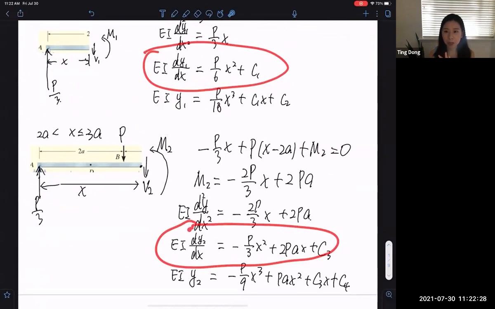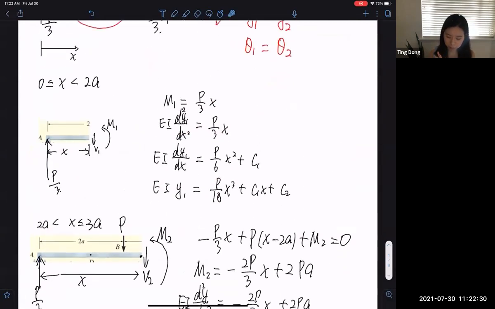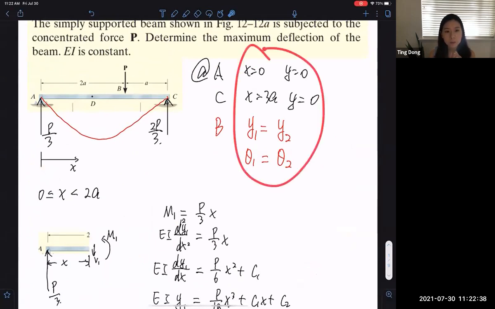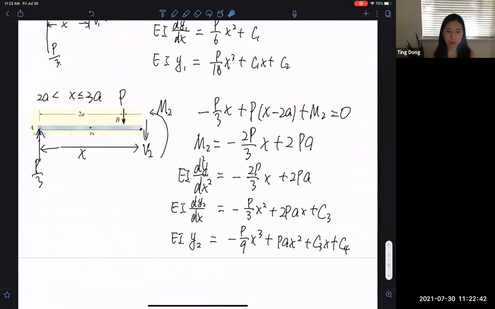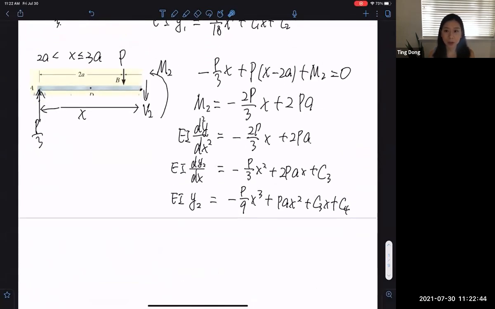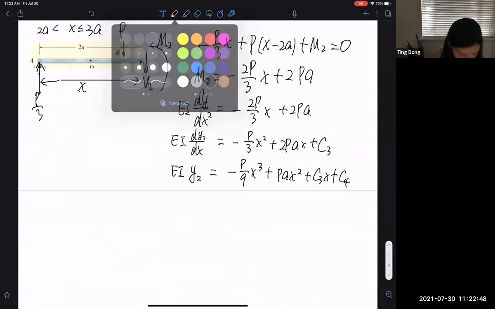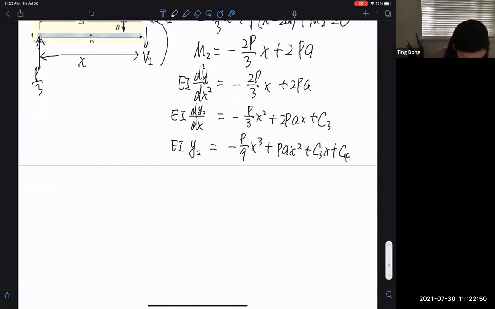The slope should be the same, the deflection should be the same. So these are the extra two boundary conditions. Now we have four equations and four unknowns. We can solve for C1, C2, C3, C4, and then we solve the whole problem. So let's see how to do this.